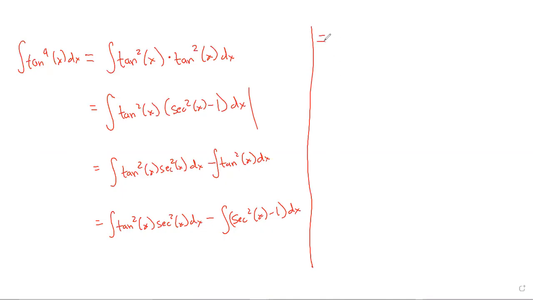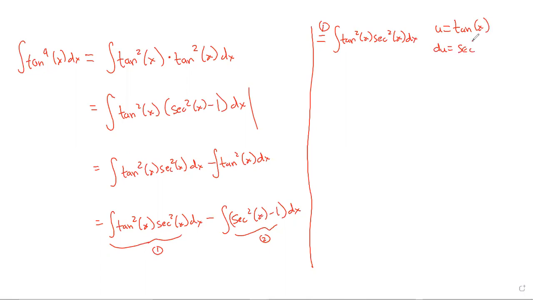I'm going to call this first integral and this second integral. The first integral is the integral of tangent squared x secant squared x dx. We're going to do a u substitution. We're going to make u equal to the tangent of x.